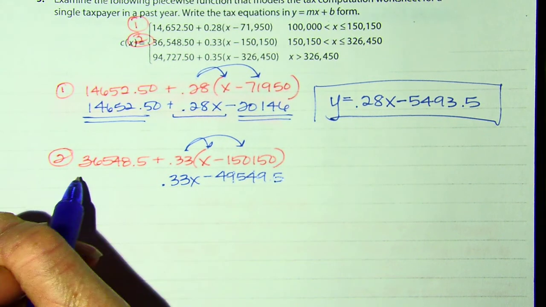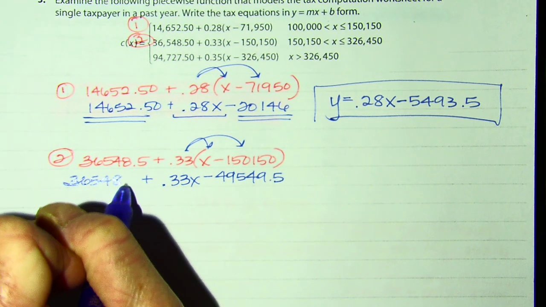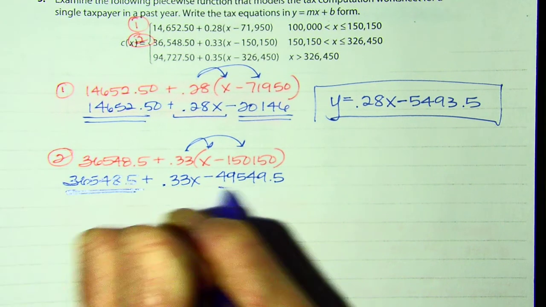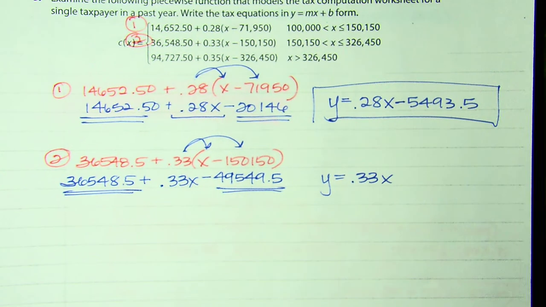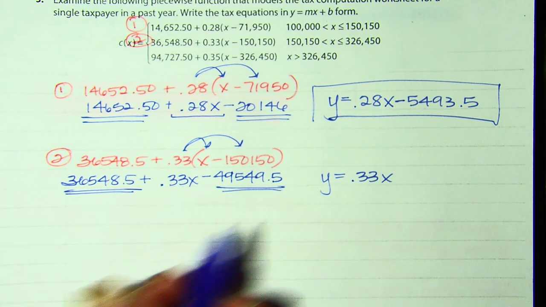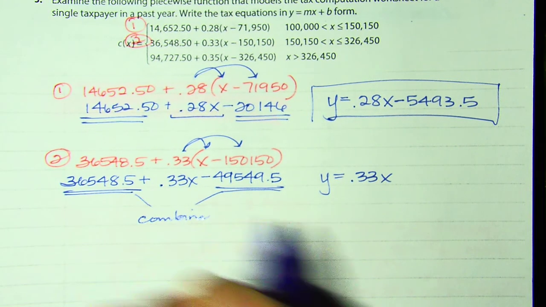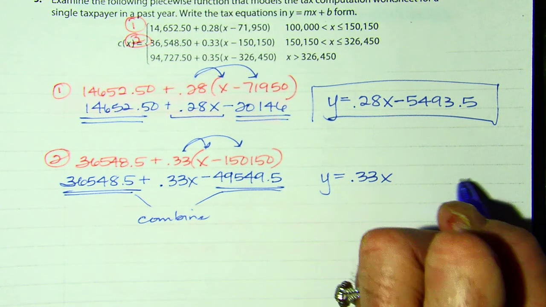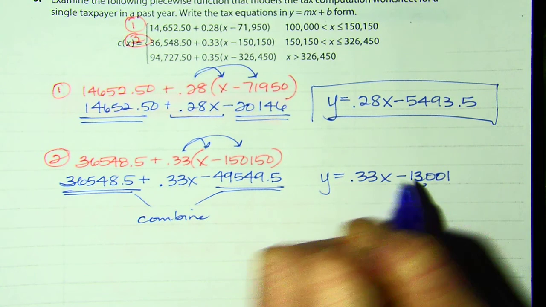I'm going to go ahead and bring down this first term, and then I will combine like terms, right? So the only thing to combine are these two. So y equals the decimal x part first, right? That's your slope. Then combine these, and I get, right, we're combining like terms. And so 36,000 minus the 49, I got negative 13,001.